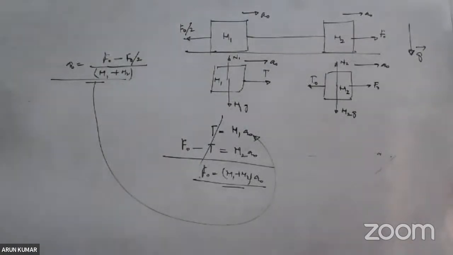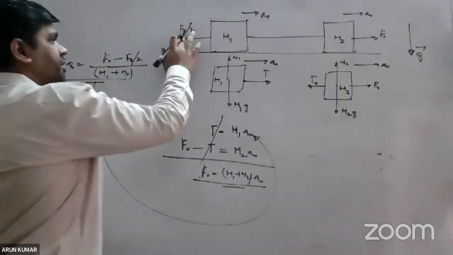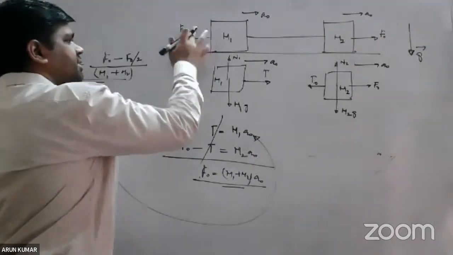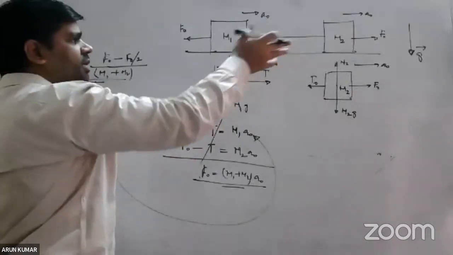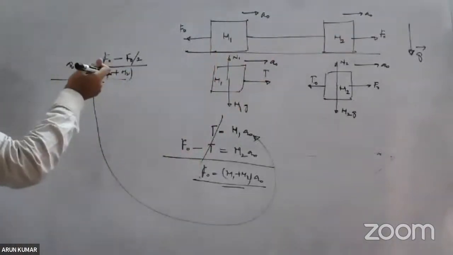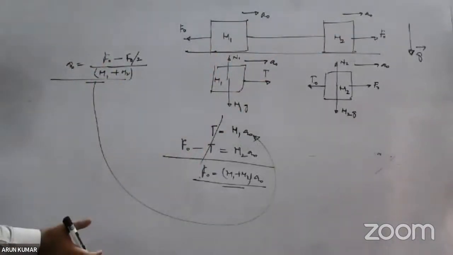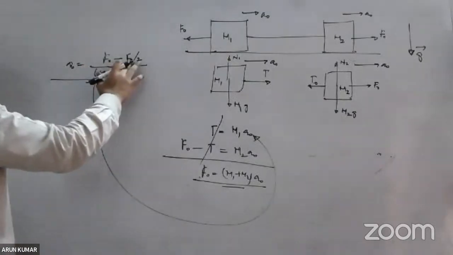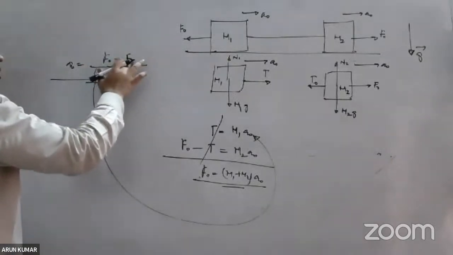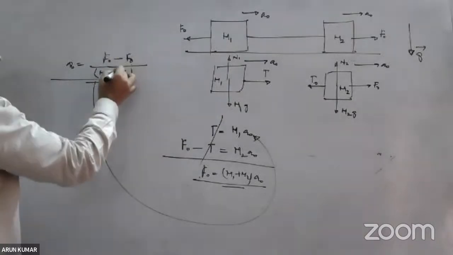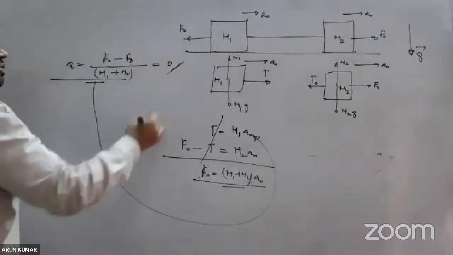If I put the same force F naught here, common sense says it will not move. F naught is pulling from there, and I am also pulling from here with the same force. So common sense says it doesn't move, and the equation also says the same thing. Net external force is 0, F naught minus F naught divided by the total mass, which is equal to 0. So the acceleration will be 0.